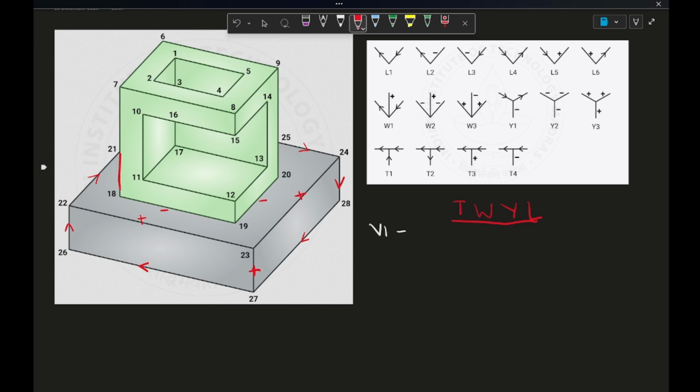This one, this bad boy. That is a T. Yeah, it is a T junction because of this thing, right? And so again, these two should be an arrow. Yeah, T1. Okay, the same logic applies from this.